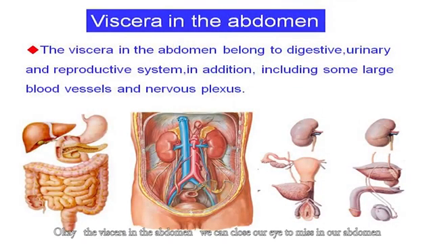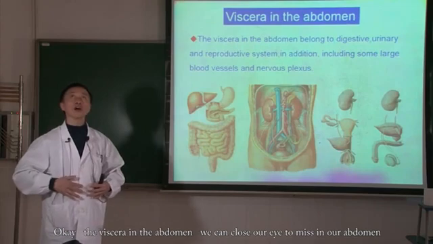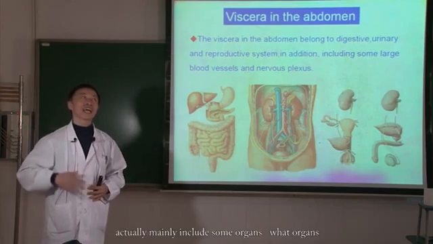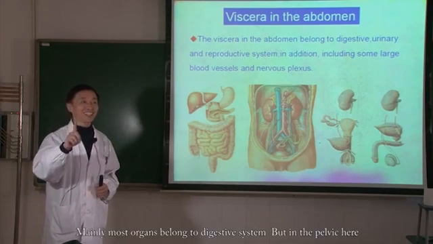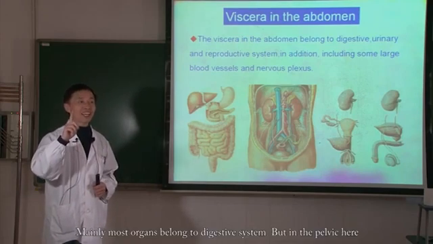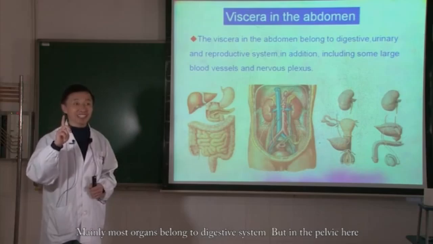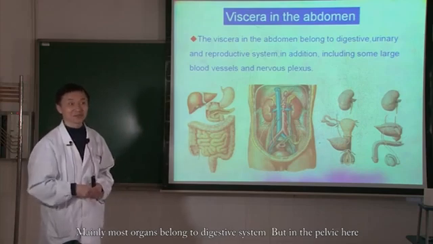Okay, the viscera in the abdomen. In our abdomen, there are mainly some organs. What organs? Most belong to the digestive system.